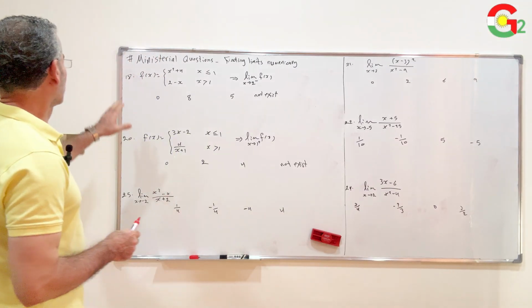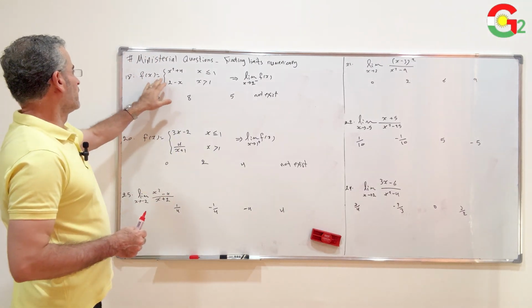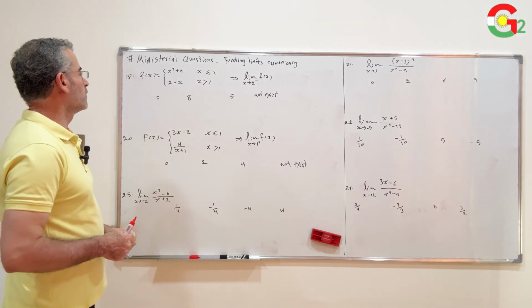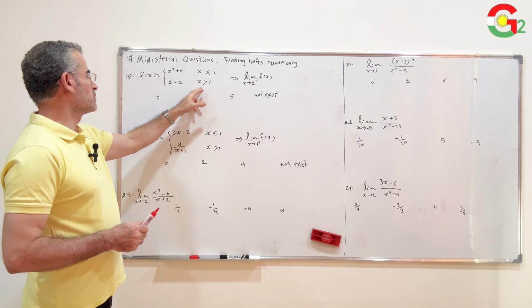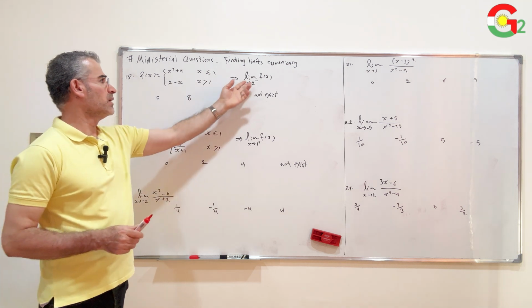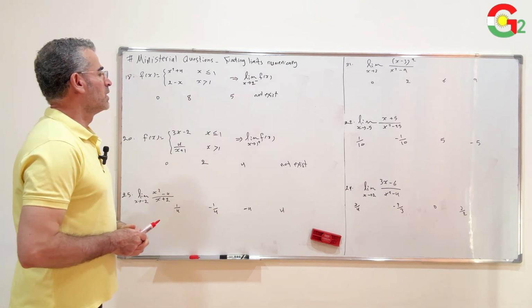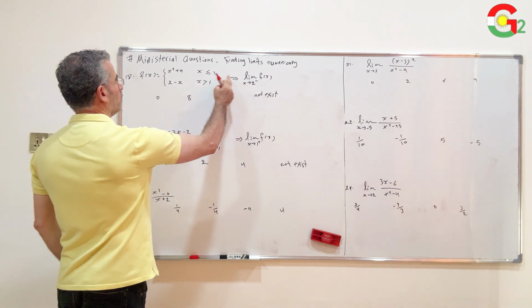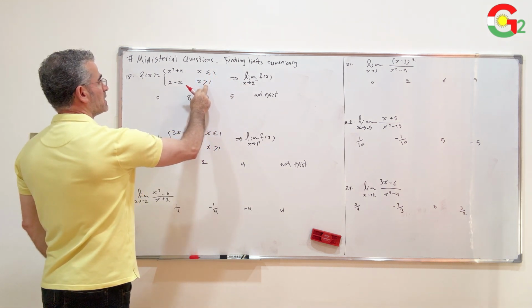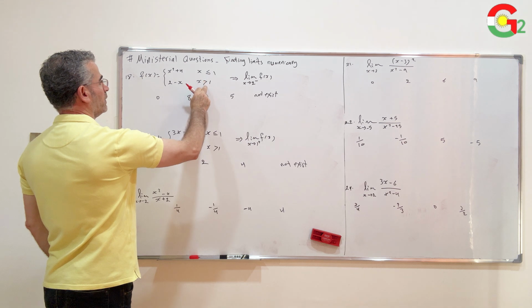Question number 18. F of x equal x power 2 plus 4 when x less than or equal 1, 2 minus x when x greater than 1. Find the limit when x approach to 2 from left. 2 belongs to this interval since it is greater than 1.